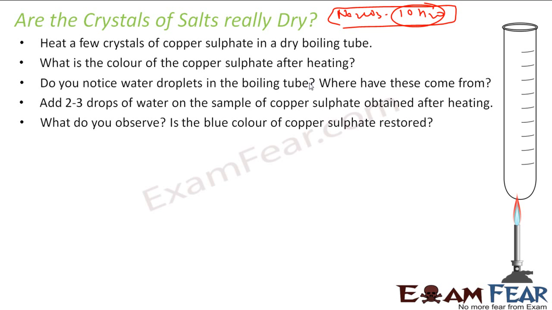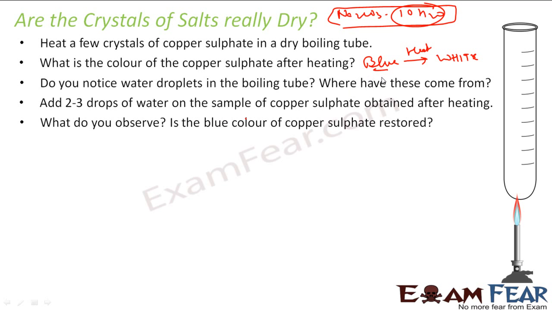So in this case, the color of copper sulfate was blue. Now when you heat it, it becomes white. So the copper sulfate crystal is actually blue in color, but the moment you heat it, it becomes white, and when you put water in that again, it becomes blue.